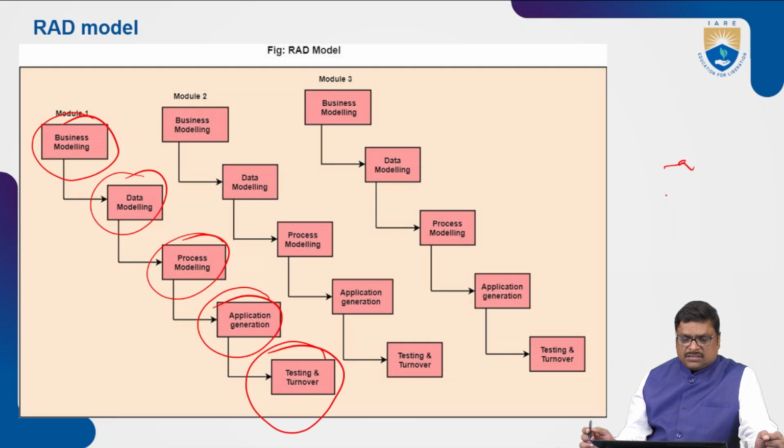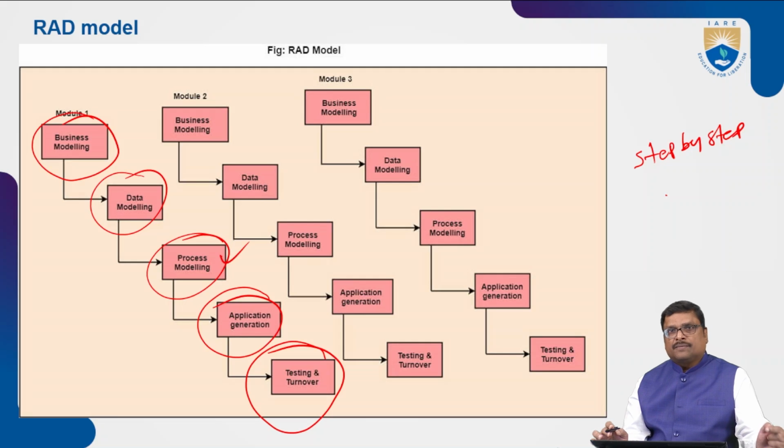Then the third step is process modeling. We have to define the best process. As per the software engineering definition, a process is nothing but a step-by-step procedure, which needs to be defined for developing any software system.